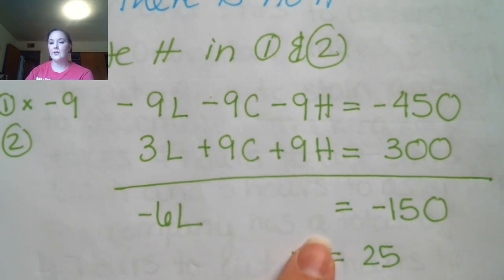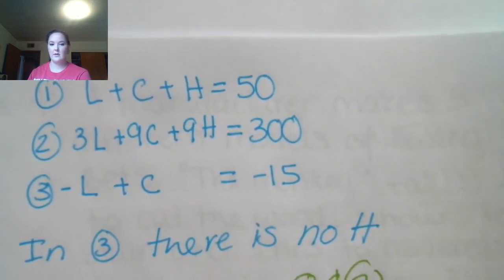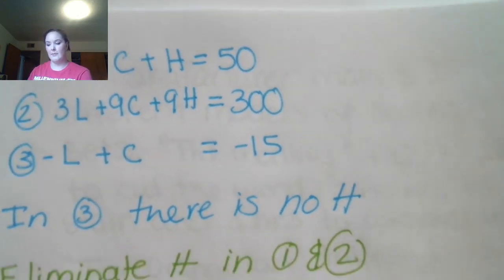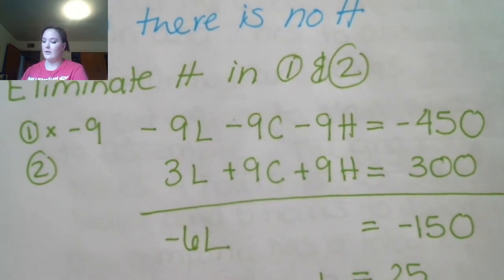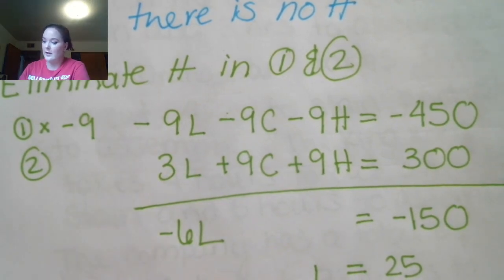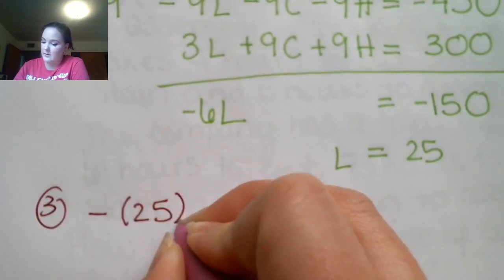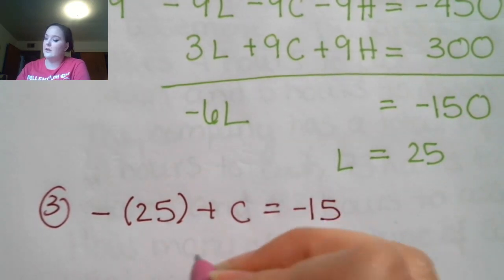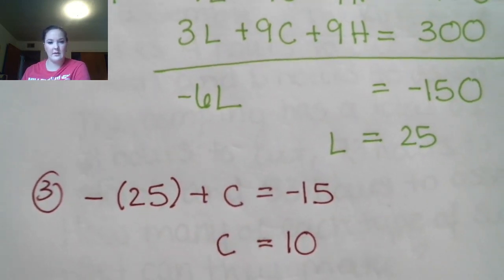Now I have the value for my variable L. If I look at my equations, equation 3 only has L and C. So if I plug in my value for L, that will allow me to find my variable C. I'm going to plug my value for L into equation 3. So I have negative L plus C equals negative 15. This gives me C equals 10 by adding 25 to both sides.